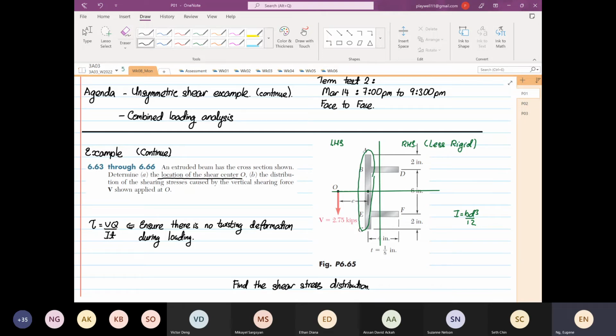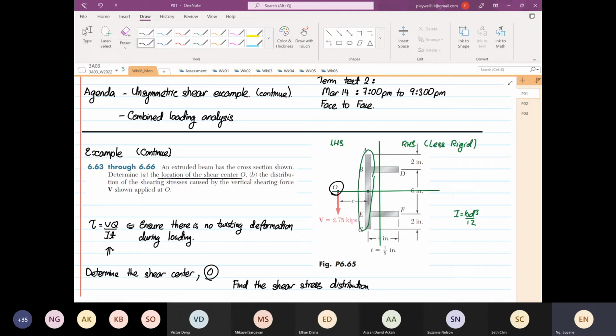So in order to apply this formula, we need to determine the shear center, which is over there, our O. And we found our distance O on our last lecture.